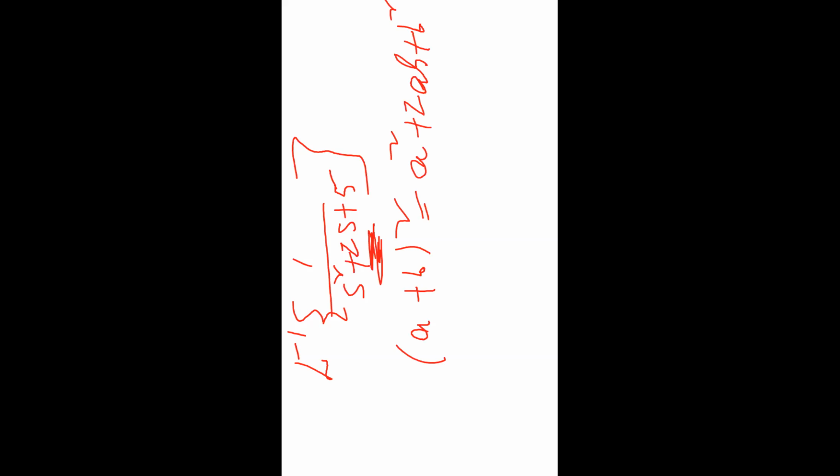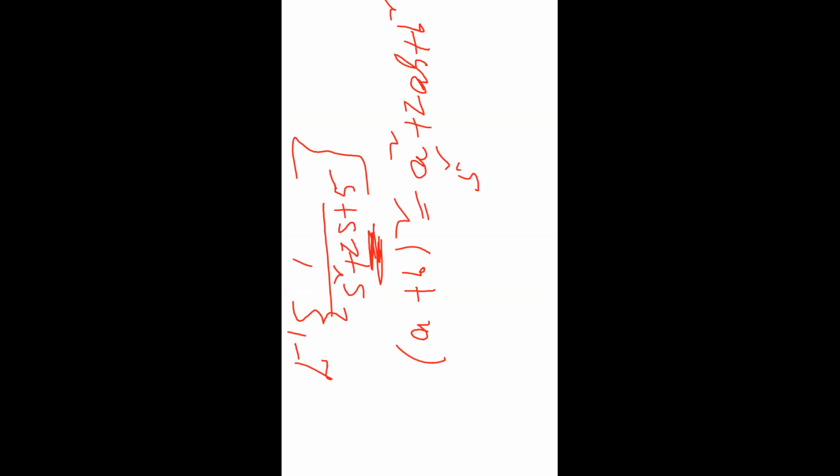Here s square is a square, so a equal to s, plus 2ab, that is 2 into a value. So a value is 1, and yes 2s, we have to write 2 into 1 into s, and b square. b square means 1 square, and the remaining value in 5 is 4.